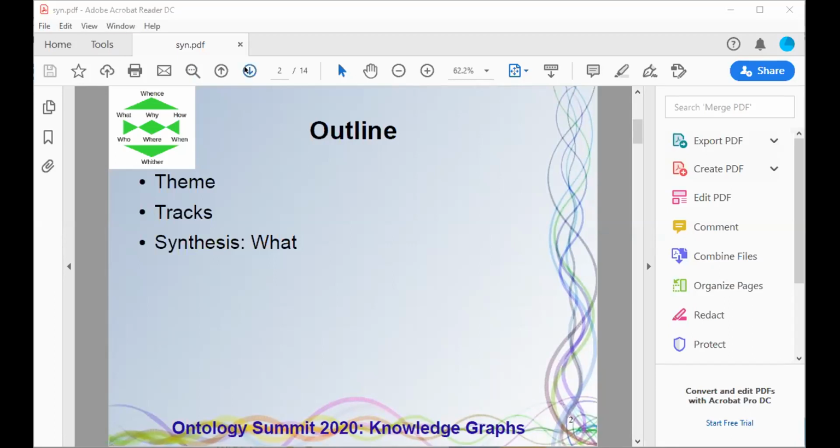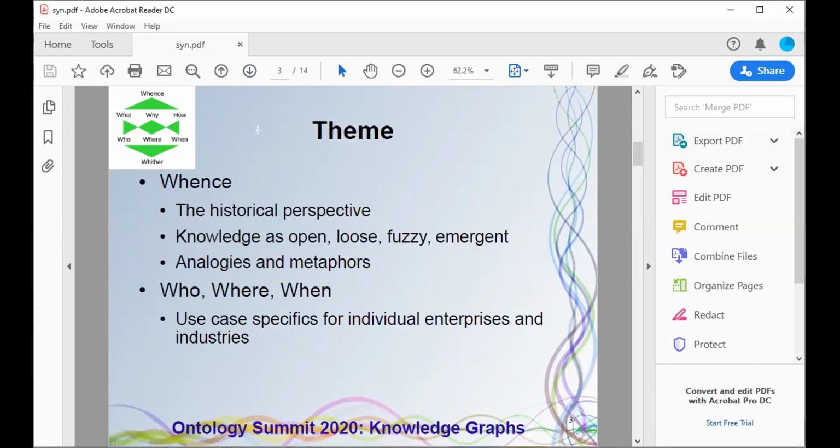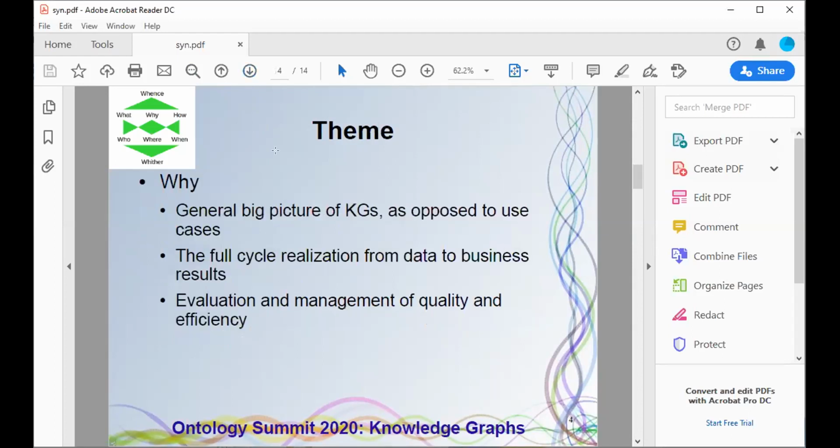So the theme is divided up into these question words. Whence, which means, in this case, the historical perspective. And then the who, where, when of use cases, which we have not actually started in the summit.